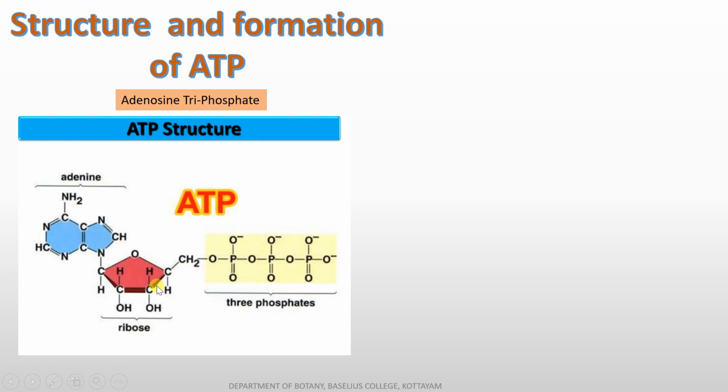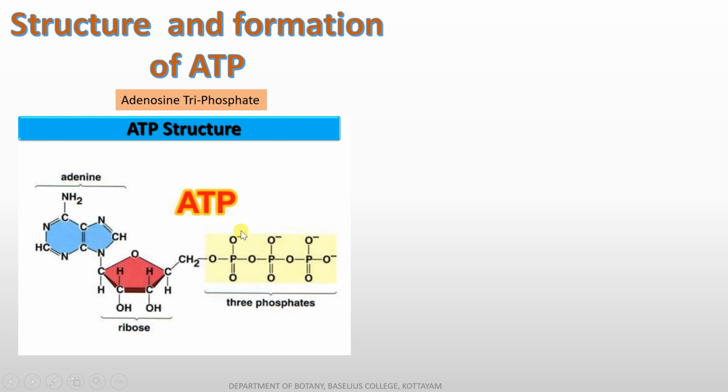Here, when adenine combines with ribose, it forms adenosine. When adenosine combines with 3 phosphate groups, this is 3 phosphate, so it is triphosphate. So adenosine plus 3 phosphates forms adenosine triphosphate.